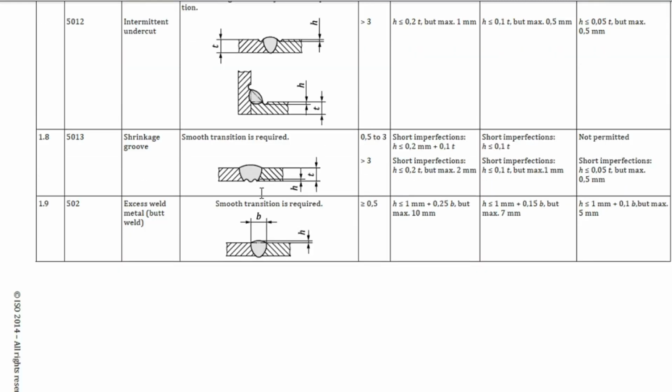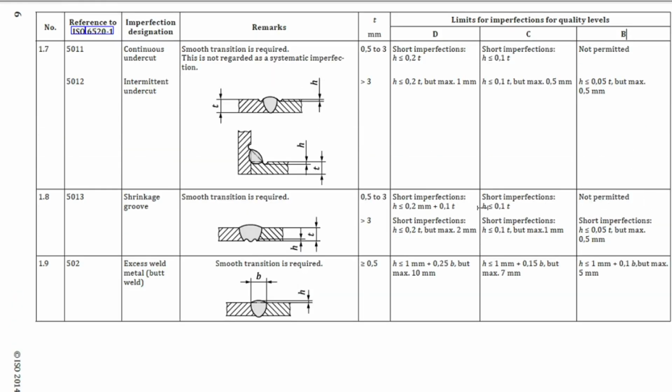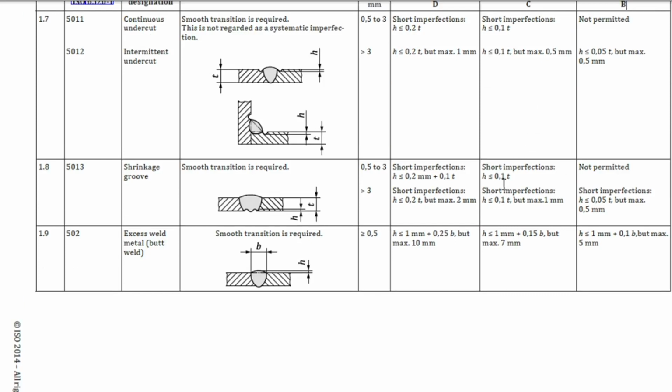If our parent material is 0.5 to 3 mm, for quality level B it is not permitted. For quality level C, short imperfection height less than or equal to 0.1 t, and for quality level D, height less than or equal to 0.2 mm plus 0.1 t.